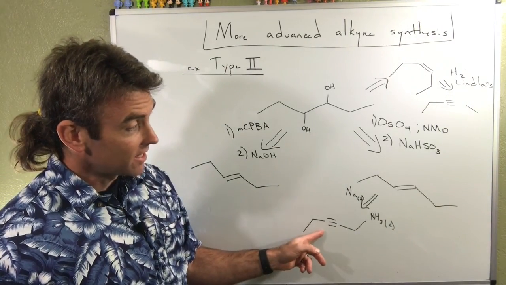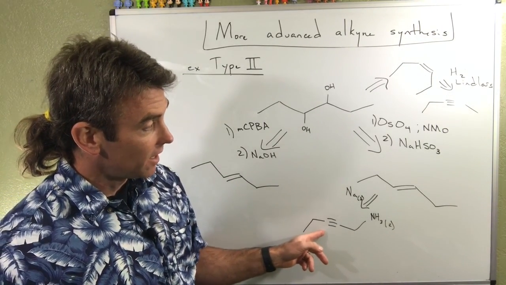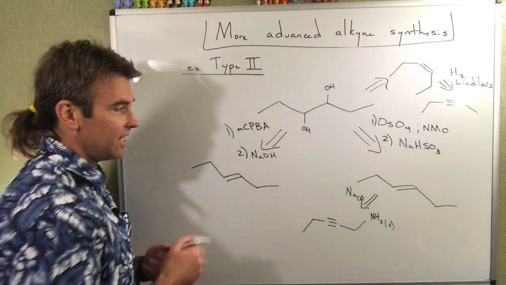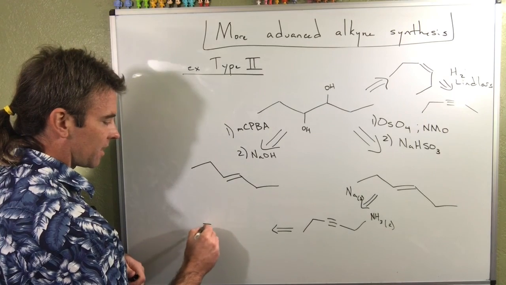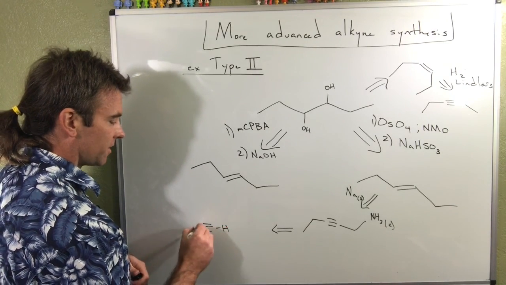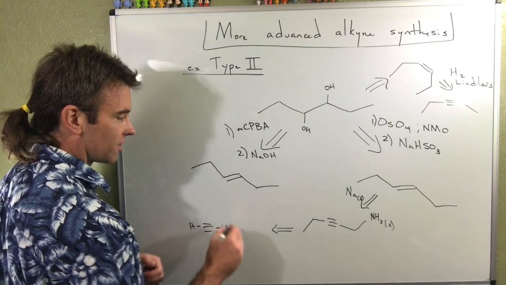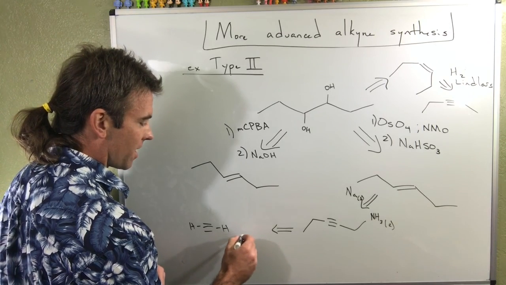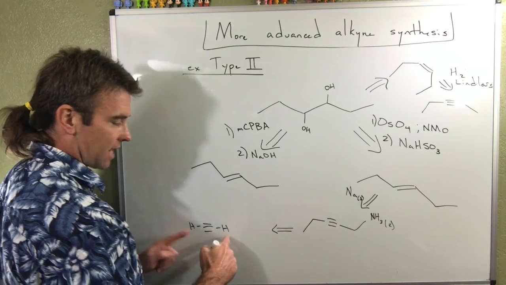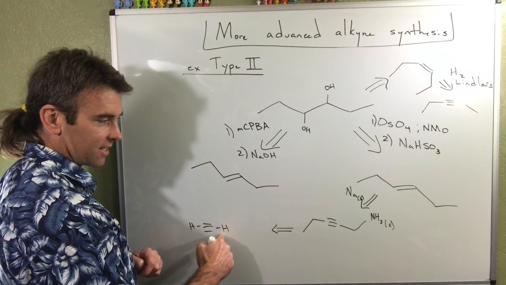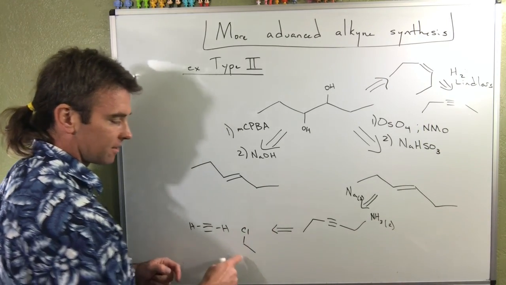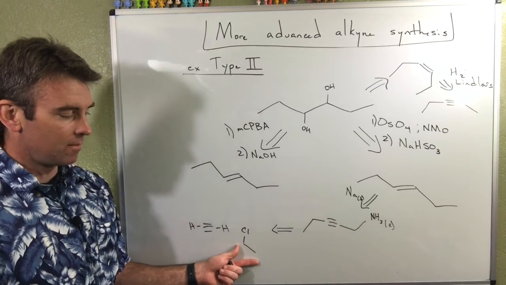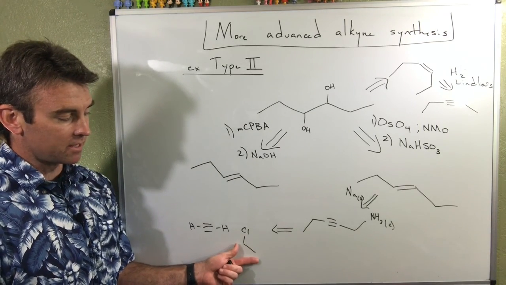It turns out that this guy, once we've gotten to this point, it's pretty easy to work backwards because this is very similar to the last one. What this thing would require is taking off each of these hydrogens in succession and having them, let's say, attack some sort of chlorinated ethane type species.